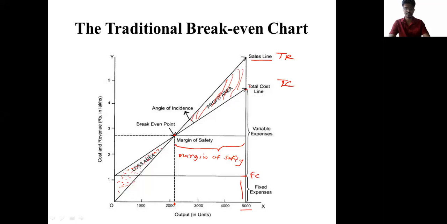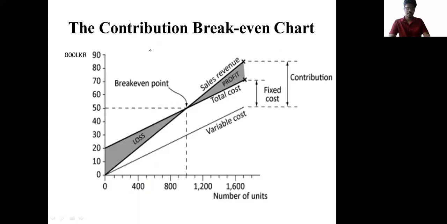Okay, then the thing which should be remembered is, if you are asked to draft the traditional break-even chart, you need to draft the total revenue curve and total cost curve. Okay, the next one is the contribution break-even chart.